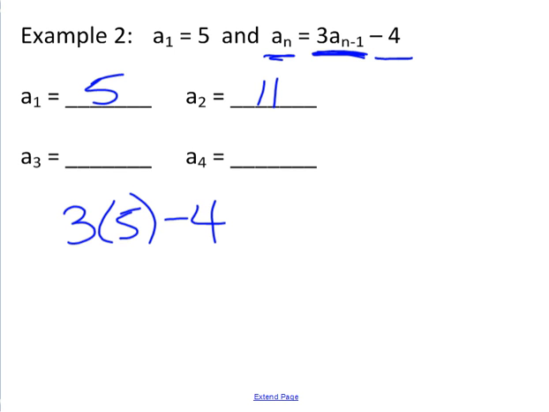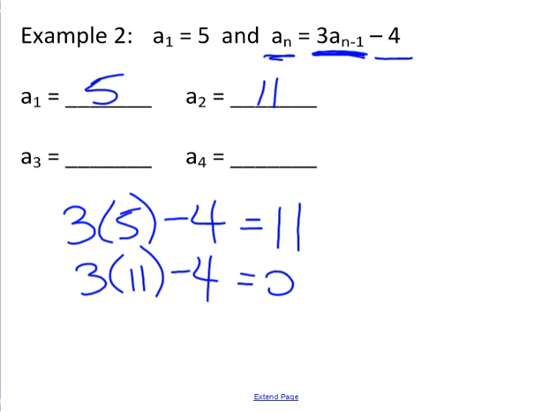Now, to get the next term, I need 3 times the prior term, subtract 4. 3 times 11 is 33, subtract 4 is 29.